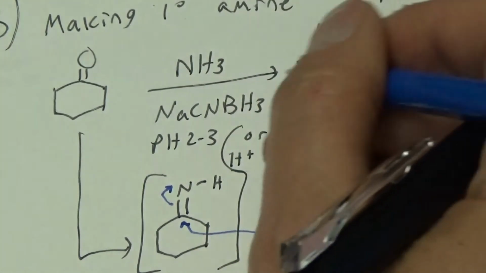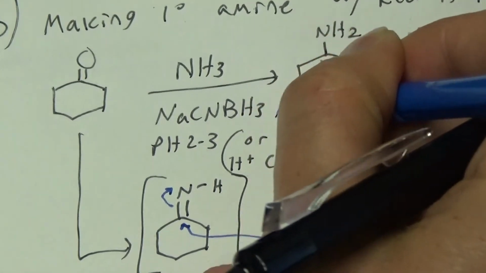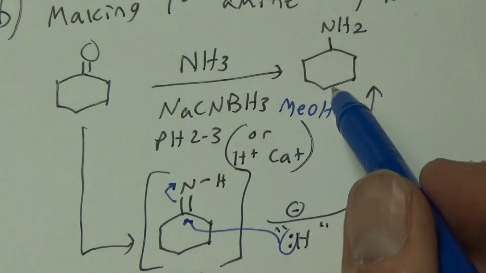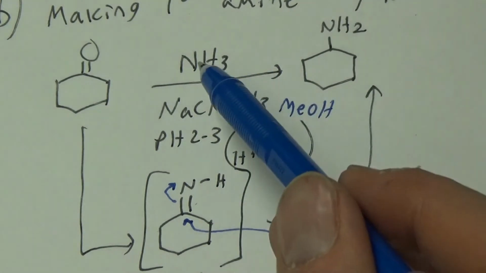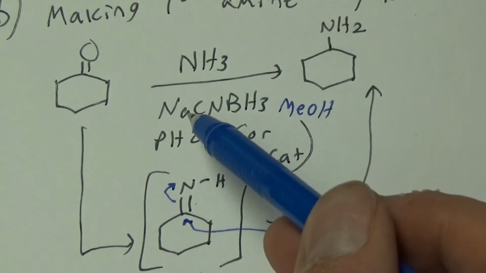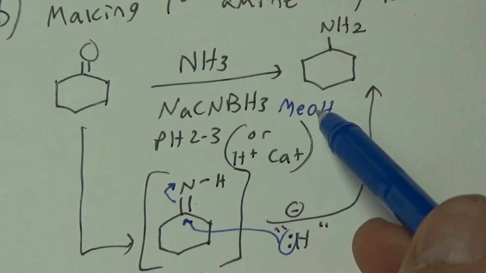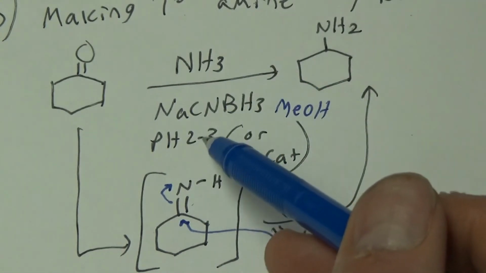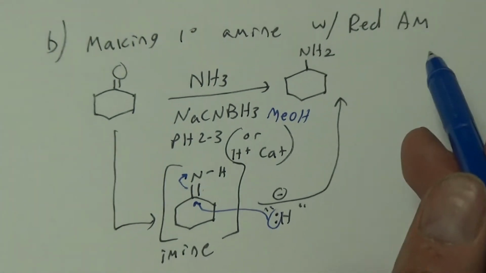Usually you get some methanol in there too, so you have a proton source that can give you that extra proton. So it's ammonia, NaCNBH3, methanol as a solvent, and then slightly low pH, and then out comes the primary amine.